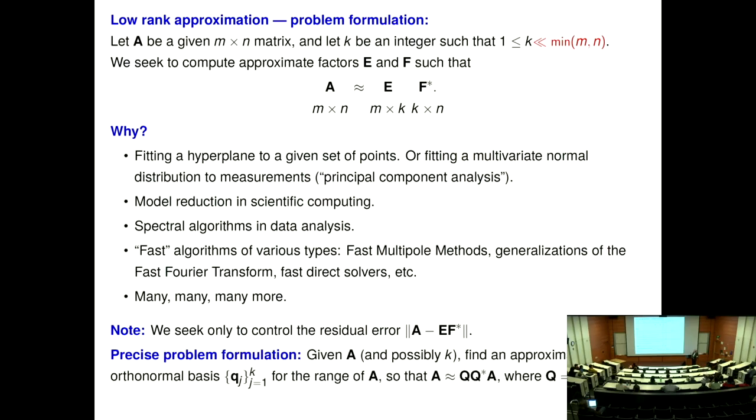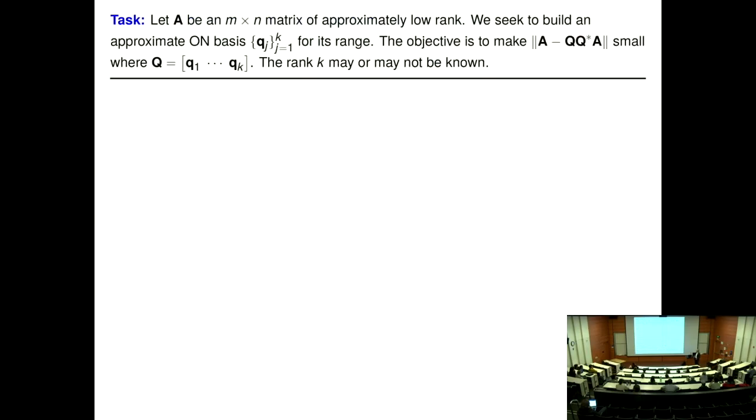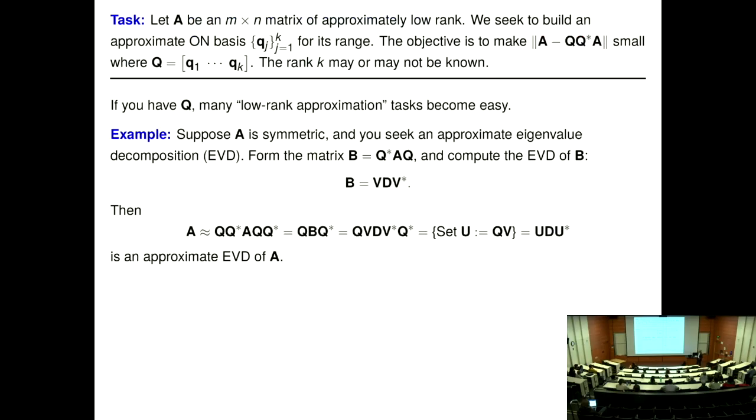To be precise, the more exact mathematical formulation is that I'm going to look for an approximate orthonormal basis for the column space of the matrix. I want a set of vectors that approximately span the range, so that QQ star is the orthogonal projection onto these vectors. If you can solve this problem, then any other specific low-rank approximation you want is easily attainable.